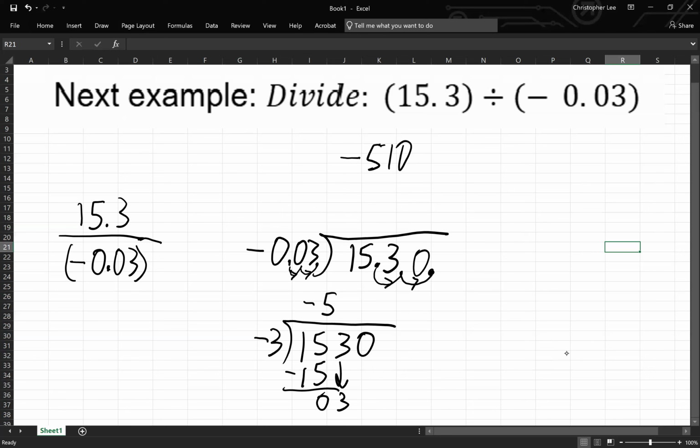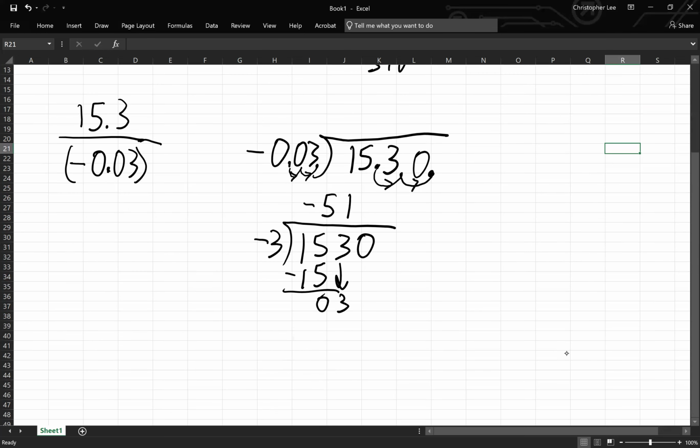Now, -3 goes into 3 how many times? 3 divided by 3 is 1, so -1 times the -3 gives me a +3. Subtract that, that's 0. Bring down your 0. -3 into 0 is 0. And that's how you show your work for this. So my final answer would be -510.